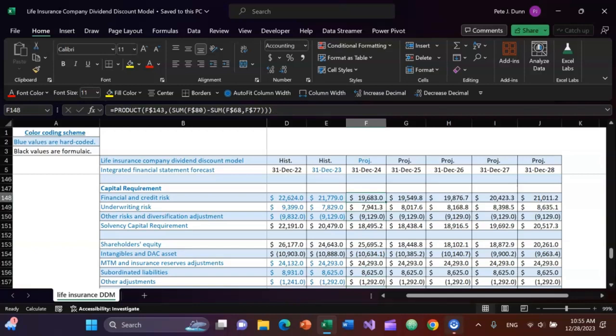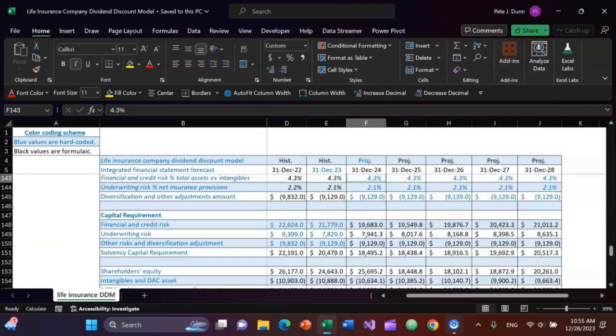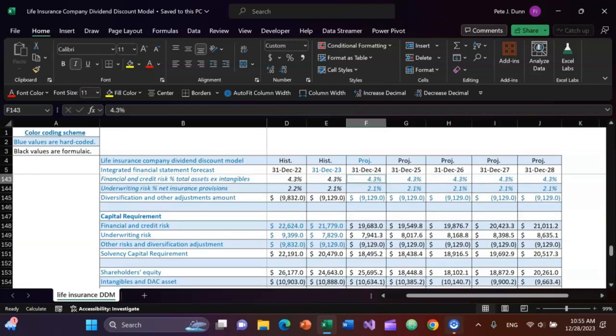So you take the assumptions in row 143, multiply by rows 68, 77, and 80.